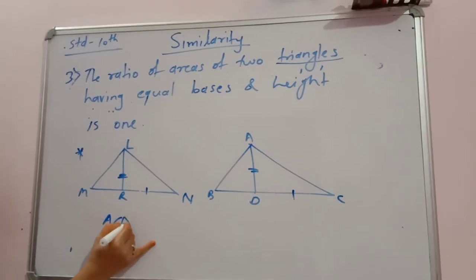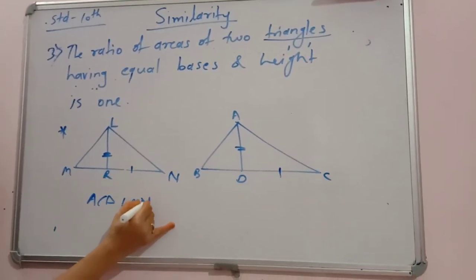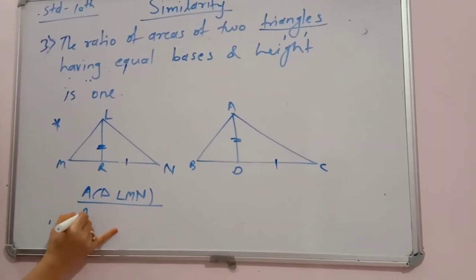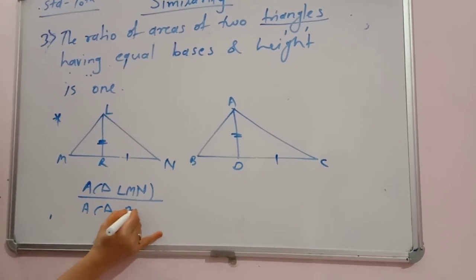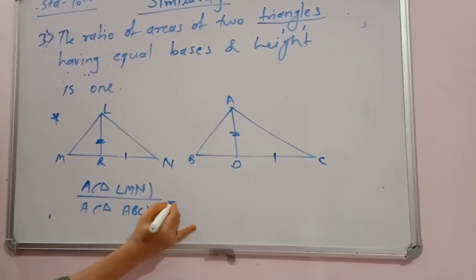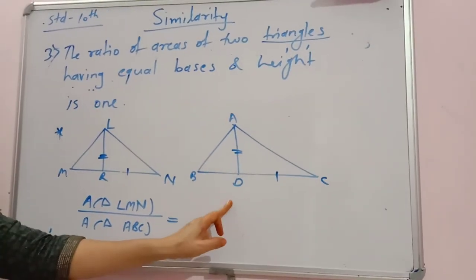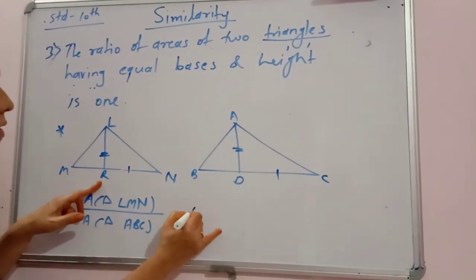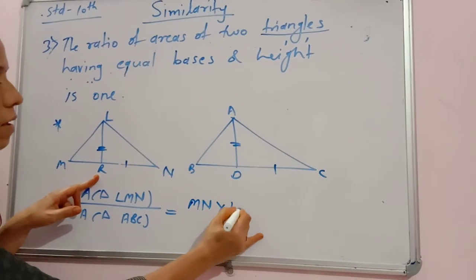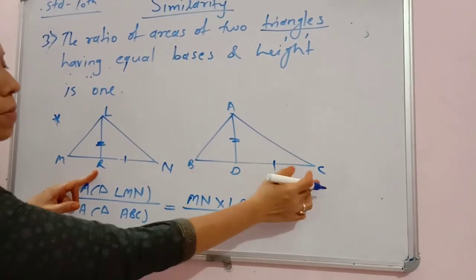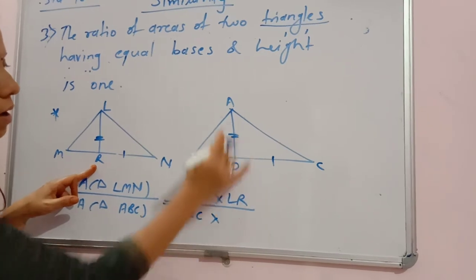Area of triangle LMN upon area of triangle ABC, if I write the ratio of the product of their bases and corresponding heights, is MN multiplied by LR upon BC multiplied by AD.